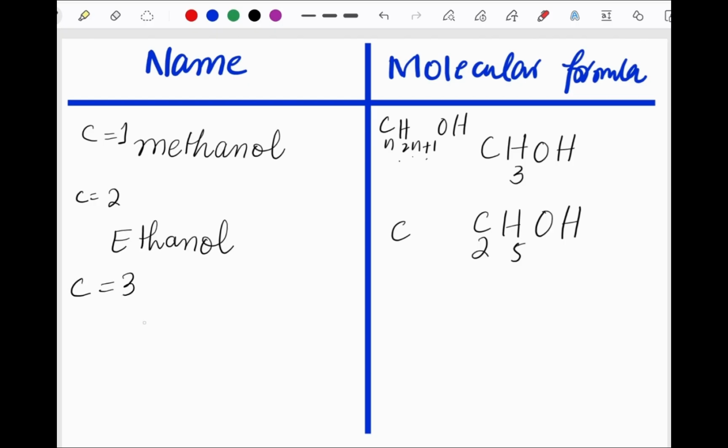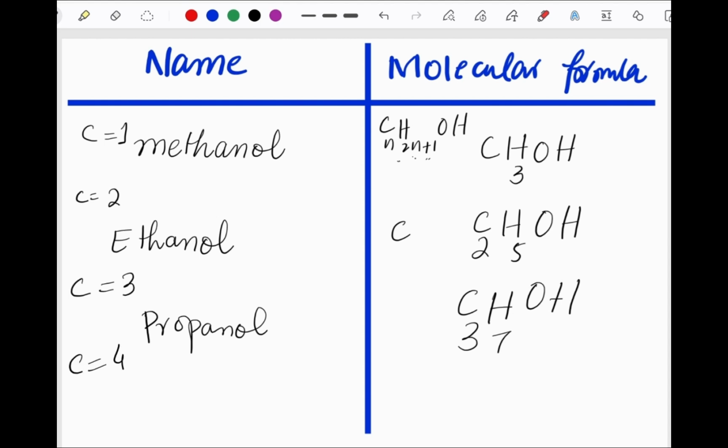If carbon number is 3, this is propane. We are going to drop this E again and we'll add ol instead. The formula would be C3H, 2 into 3 plus 1, that is 7, OH.